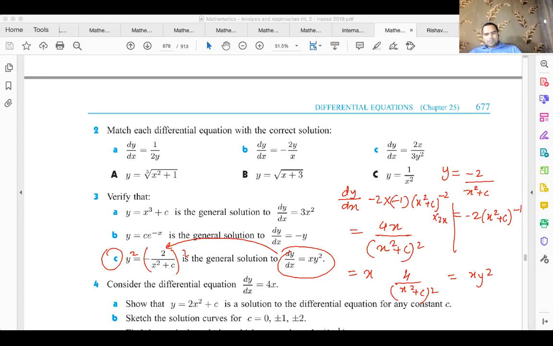So let us try to understand how we can use the general techniques we have learned previously to solve differential equations. The objective will be to cover how we solve differential equations that are separable, and after that, we'll be solving something called homogeneous.